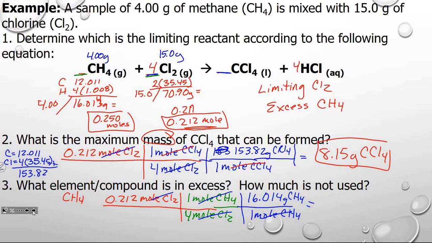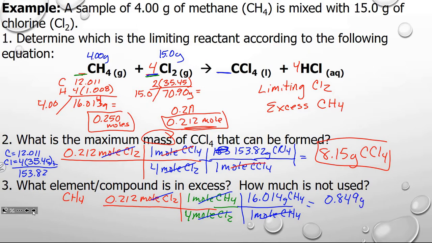Moles go out. So plugging that through, 0.212 times 16.014, and then divide it by 4. So we used 0.849 grams. That's how much we used.